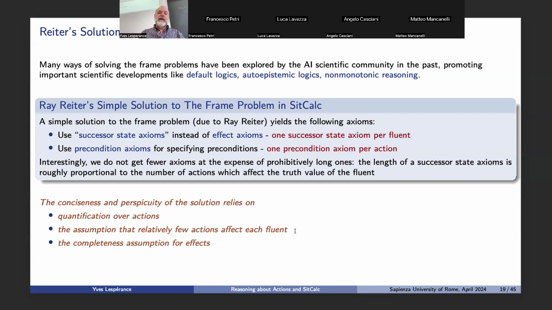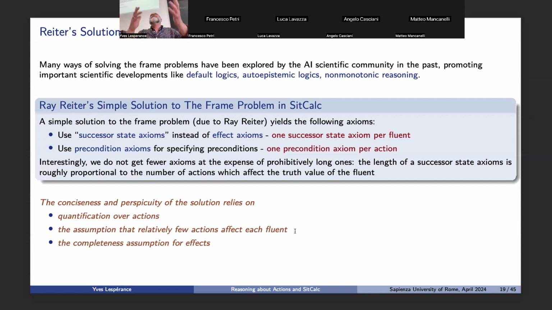The other thing this uses is the assumption that relatively few actions will affect each fluent, which is true in any reasonable domain. Of course, you might imagine an action, the Big Bang occurred.